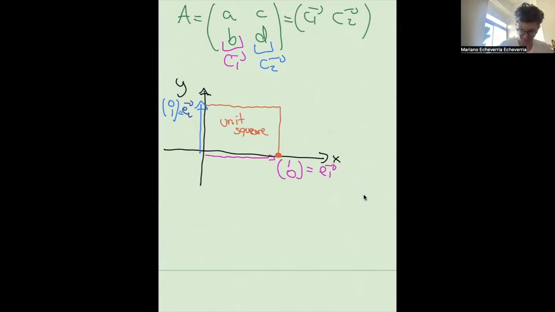So your unit square is a parallelogram formed from E1 and E2.